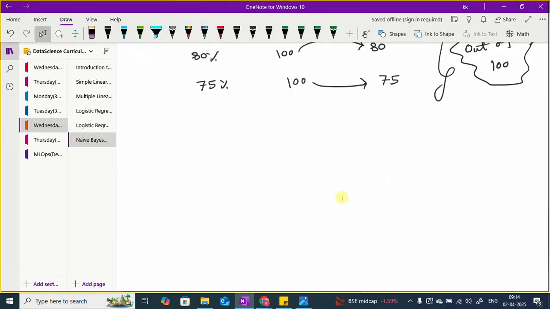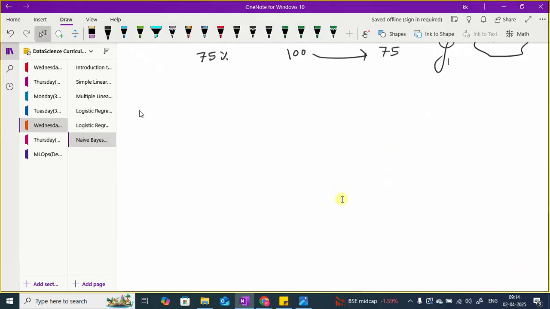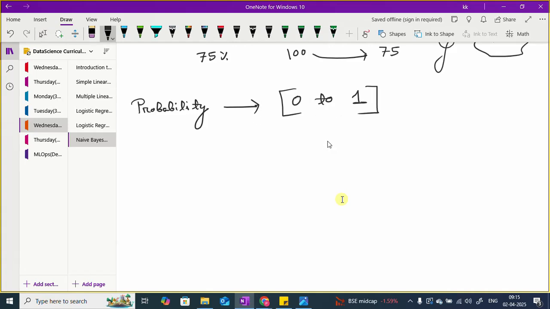Similarly, whenever I'm talking about probability, it is always in the range of 0 to 1. It never exceeds 1. That is the first thumb rule. For example, the probability of tossing a coin and getting heads: the value should definitely be between 0 and 1.